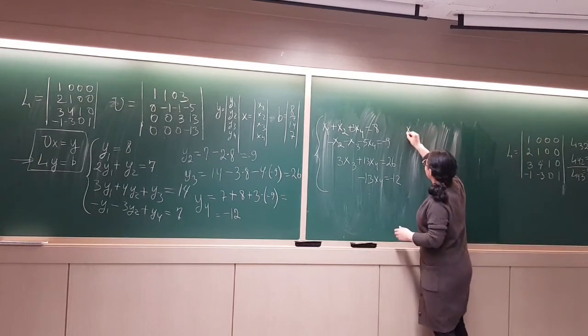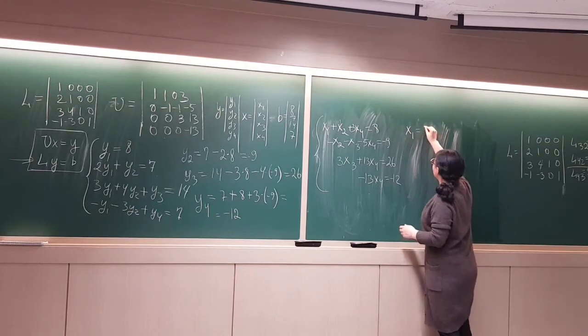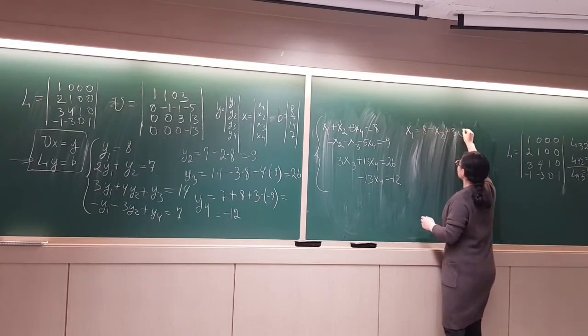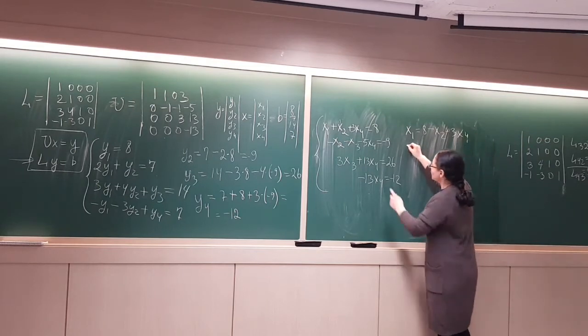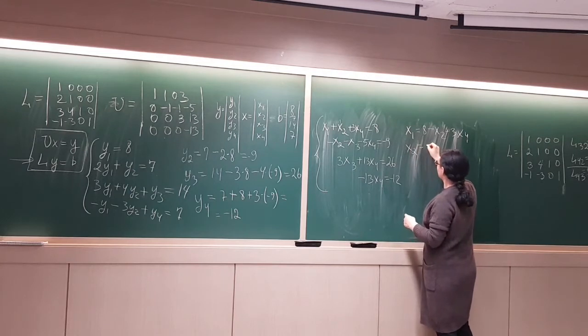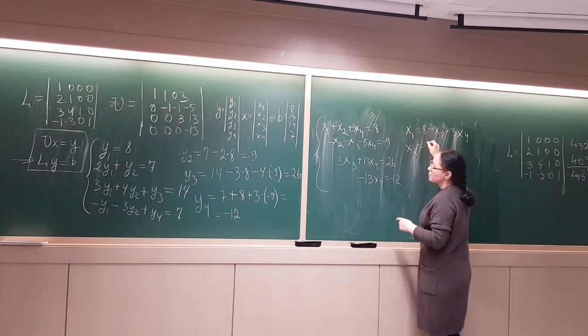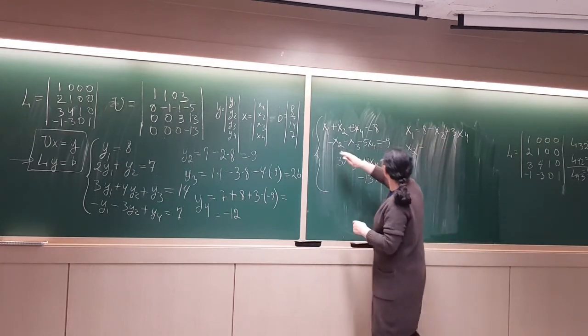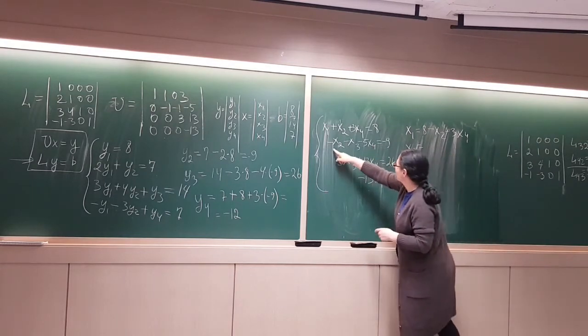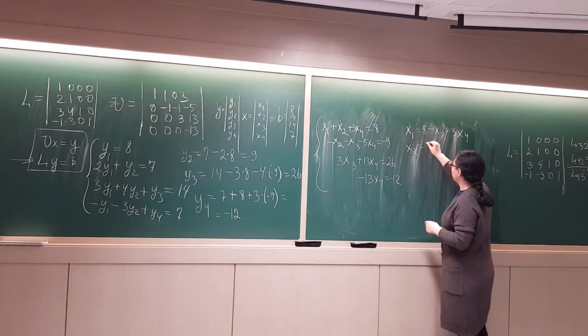From first we will find x1, it will be 8 minus x2 minus 3x4. From second line we find x2, it will be minus x2, yes, and it will be minus 9.